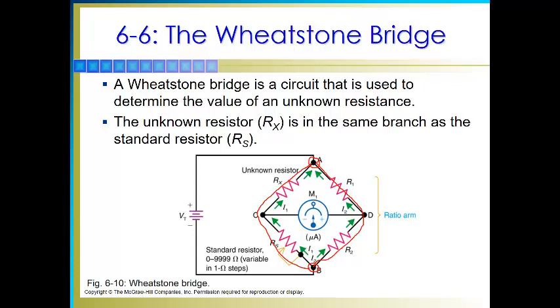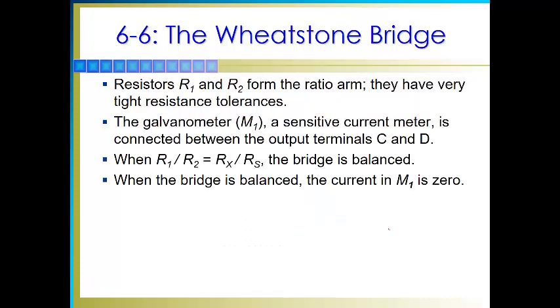If we know R1 and we know R2, and we know that the difference between these two points is 0, then the ratio of R2 and R1 must be the same ratio as Rs and Rx. Using algebra, we can solve the problems, okay?